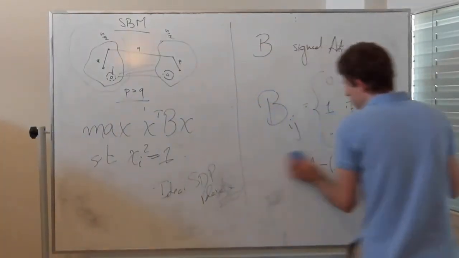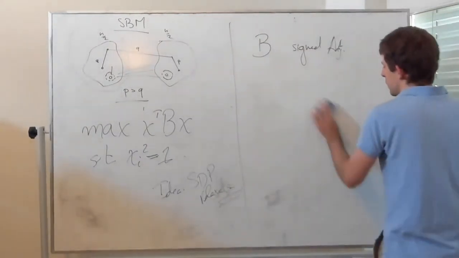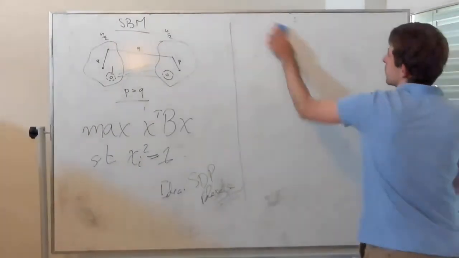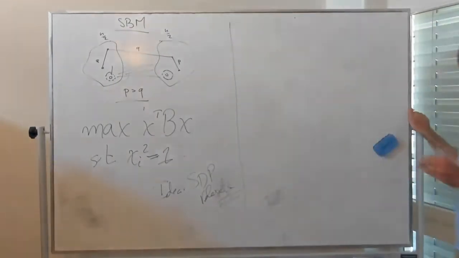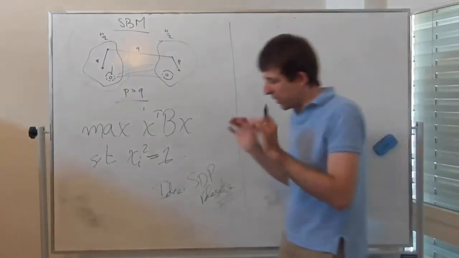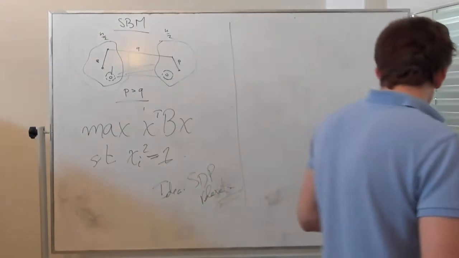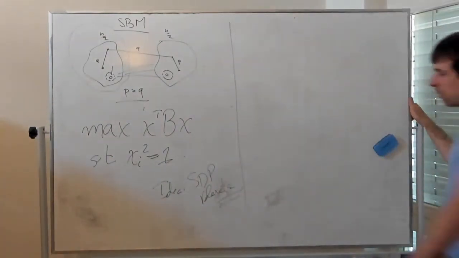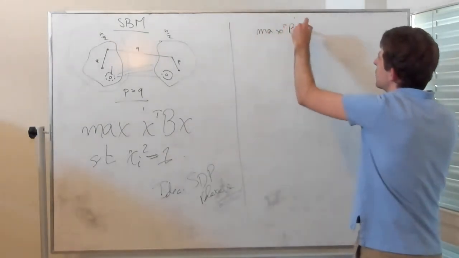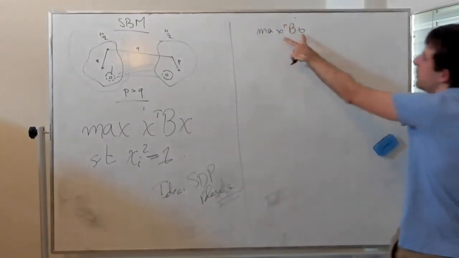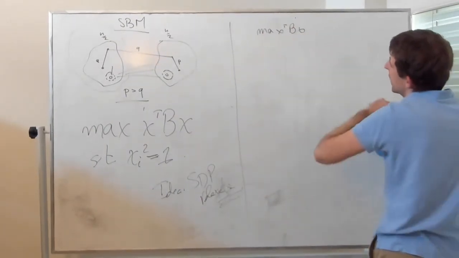Okay, so let's derive the SDP. I'll take the opportunity to derive it slightly differently. We did it with the vectors and so on. Here I'll use a slightly different idea, but it's completely equivalent, as you'll see. You're trying to maximize x transpose Bx. The problem is that this is quadratic, but it's actually linear in the variables xi xj.